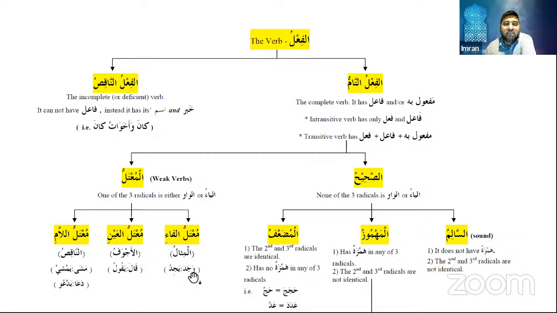Another verb on the pattern of wajada is wa'ada. Wa'ada means he promised. Wa'ada, ya'idu. I'm giving you two different examples so that I increase your vocabulary as well. The reason I'm doing this is that I want you to get closer to the Quran, because inshallah I am going to try my best to take you through all of these verb conjugations.